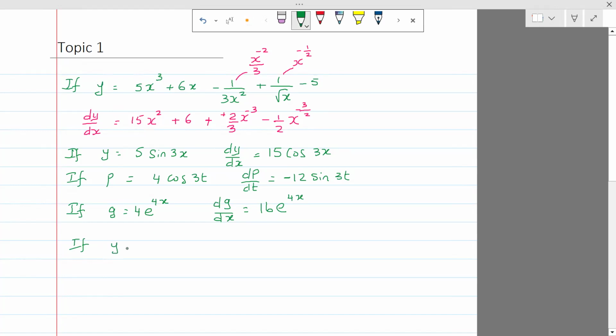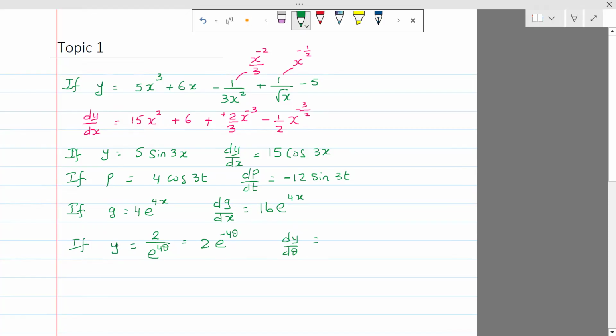If y equals 2 over e power 4 theta, so I'm going to write this as 2, I bring the e power 4 theta in the numerator, minus 4 theta, then dy by d theta.